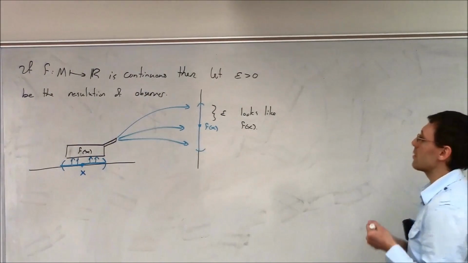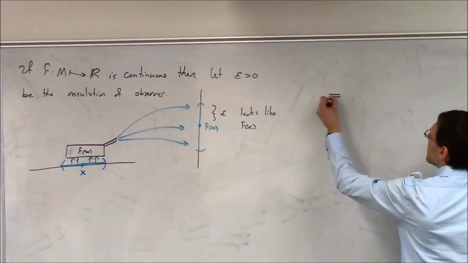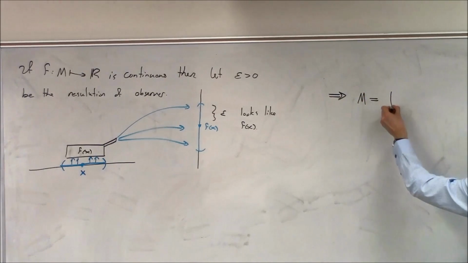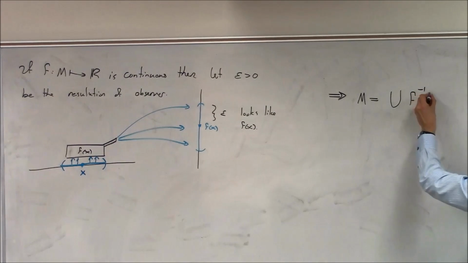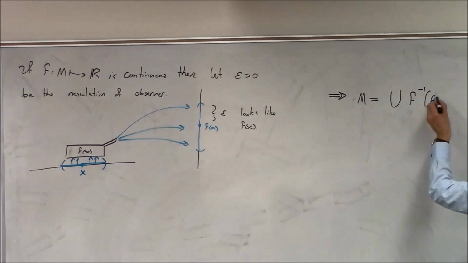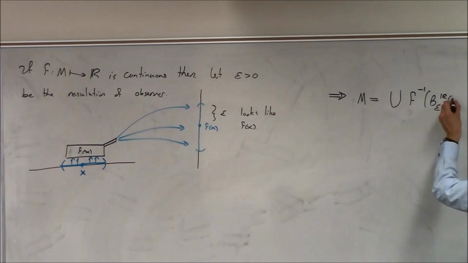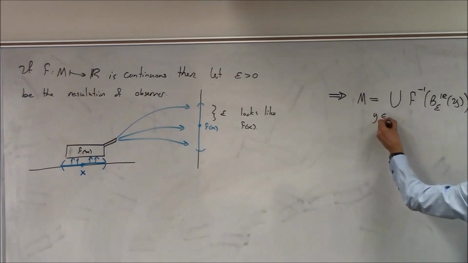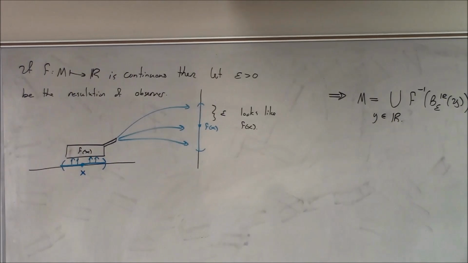So this is where you can say that M can be written as the union of f inverse of balls of radius epsilon, in this case in R, centered at points y, where y belongs to R. You see, I can always write it as a union.